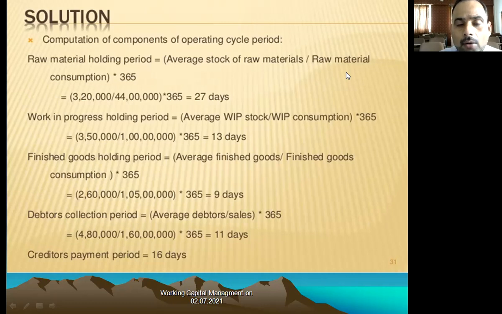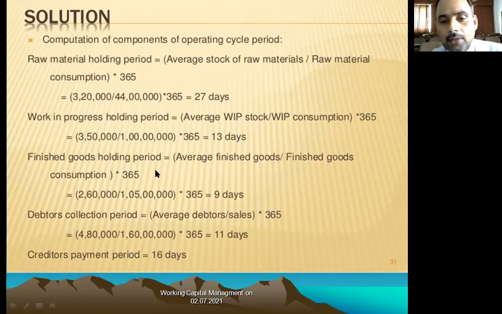So the raw material holding period is 27 days. Now the work in progress holding period is average work in progress stock divided by work in progress consumption, multiplied by 365 days. So 3 lakhs 50,000 divided by 1 crore, multiplied by 365 days, will be 13 days.